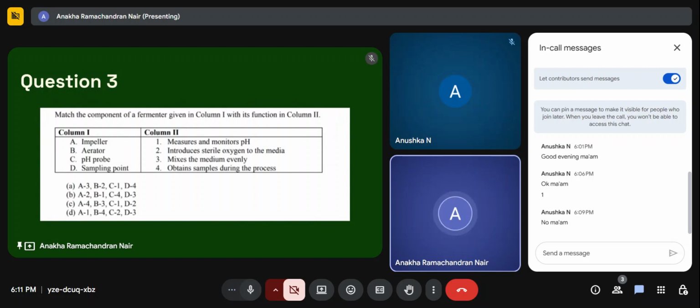Do you want to try guessing what the answer is? Or do you know what the answer is? A. Alright, yes. So the correct answer is in fact A. So the impeller will mix the medium evenly, because if you don't have mixing, there might be different kinds of components in the bioreactor, right?